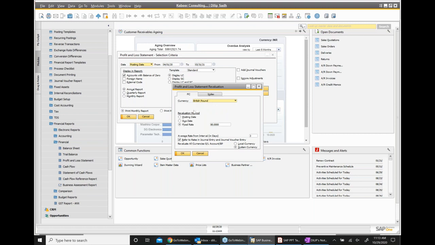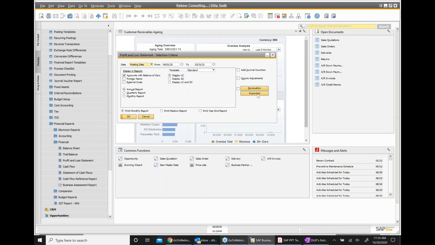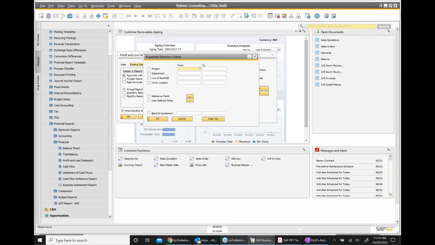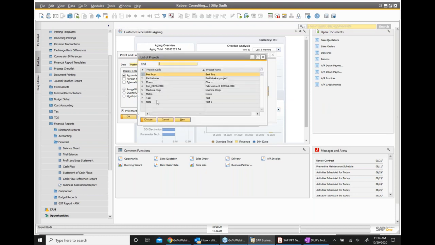We talk about the revaluation. You want to do the revaluation based upon change in exchange rate. On today's date, exchange rate has changed. I want revaluation. And then expand it. You have additional parameters if you want to include some projects. Because in your company, you might have different projects. You want to include them or not?